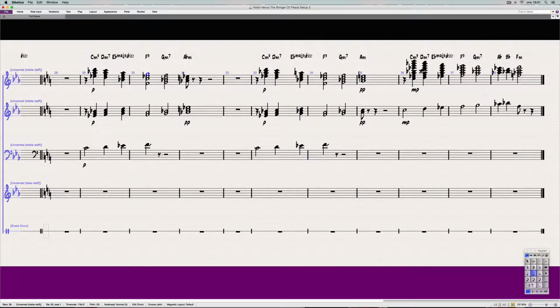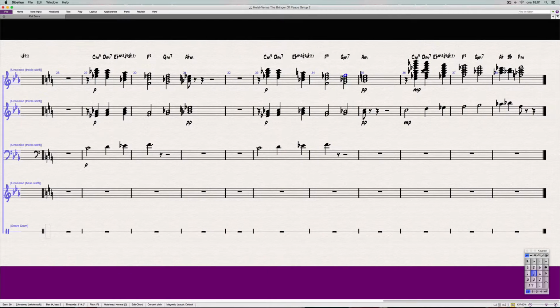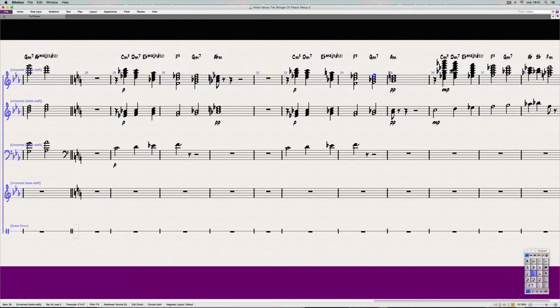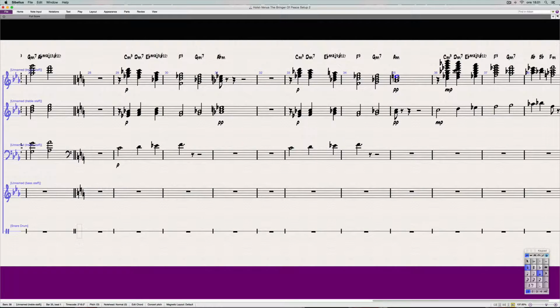Fifth, fourth, and minor third. And here, exactly the same thing: the fourth, but instead of moving to the minor third, he moves to the major third.